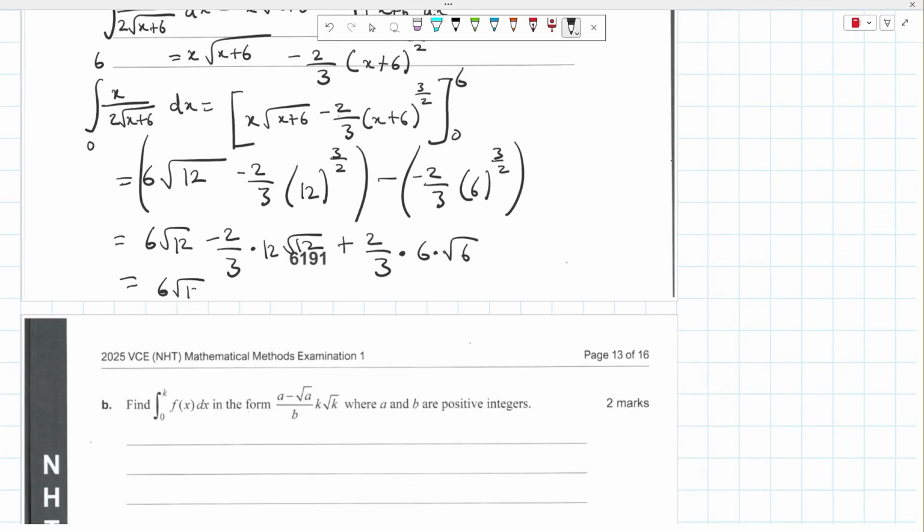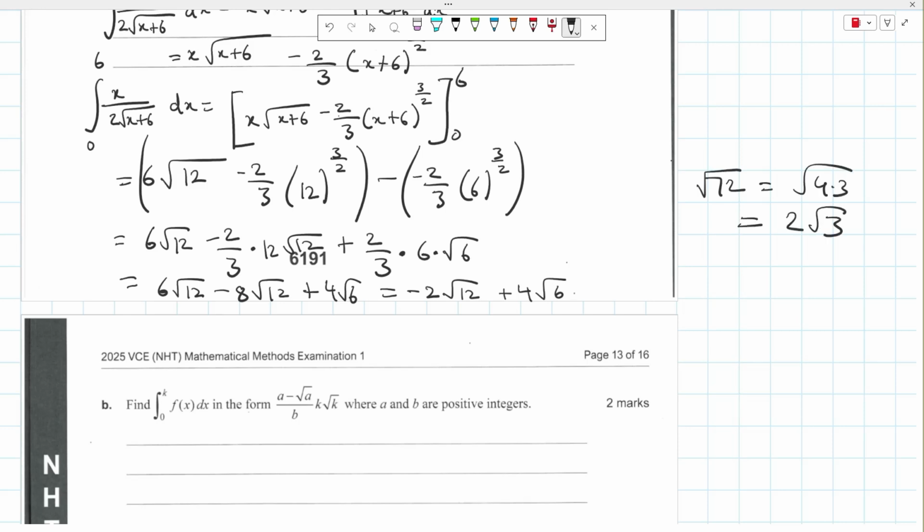Now we can do a little bit of cancellation. So we get negative 8 root 12, and then we get 4 root 6. And so we get negative 2 root 12 plus 4 root 6. Now root 12 is the same as root 4 times 3, so that's 2 root 3.